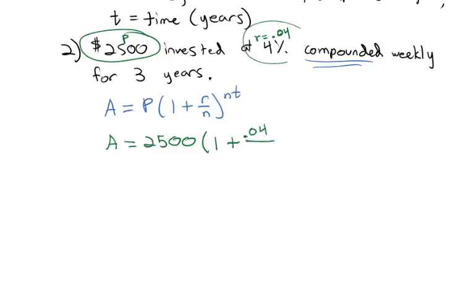Divided by N, the number of compounds. It's compounded weekly. There are 52 weeks in a year. So N is going to be 52, raised to the NT power, and that's going to be 52 times time, which in this case is 3 years.